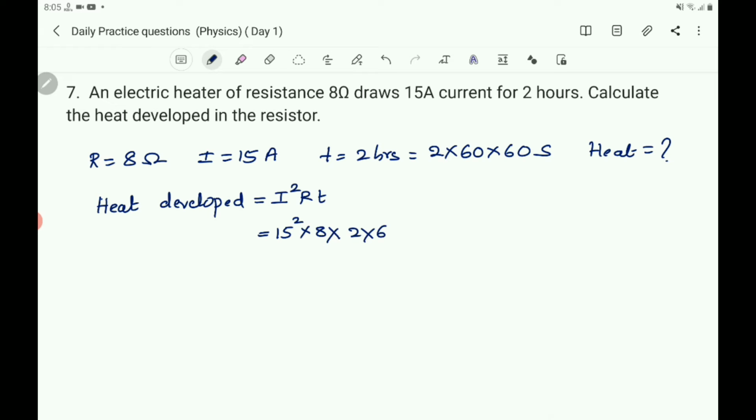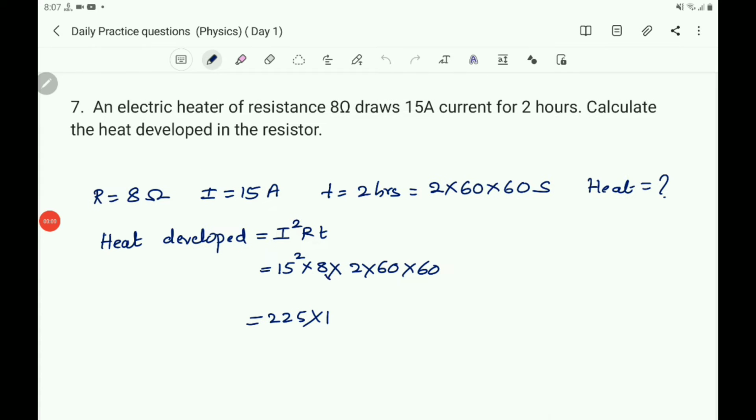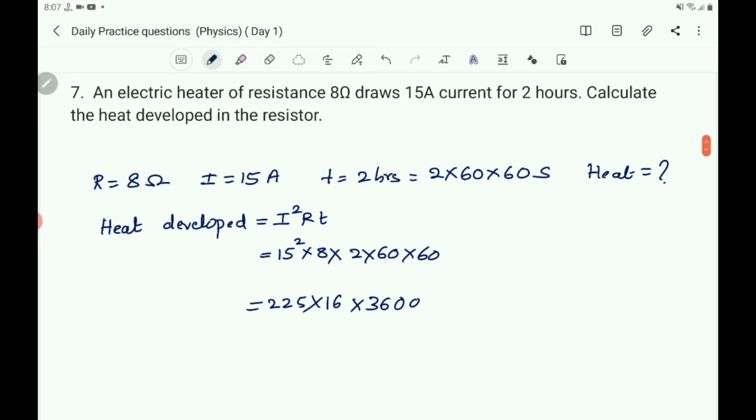T is 2 into 60 into 60. Then 15 into 15 is 225, and 8 into 2 is 16, into 60 into 60 is 3600. Then you multiply 225 into 16.